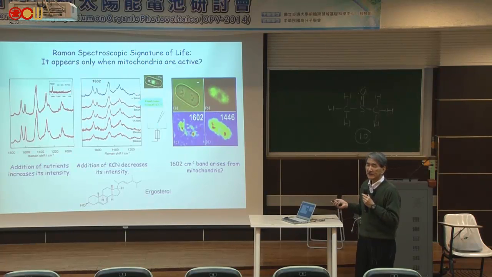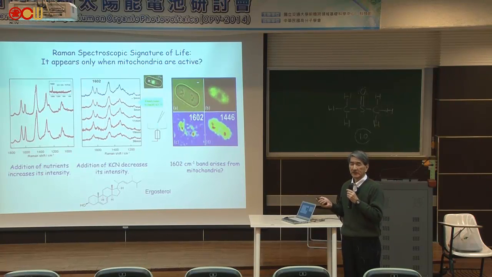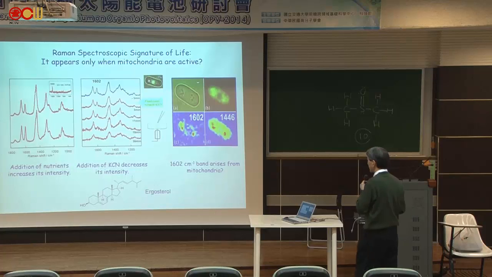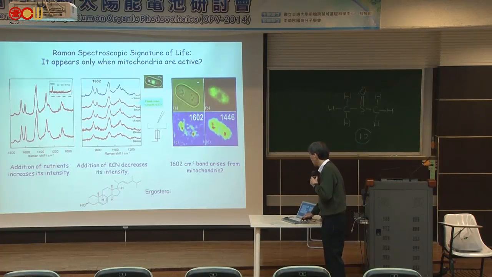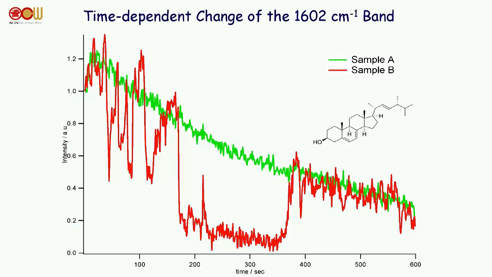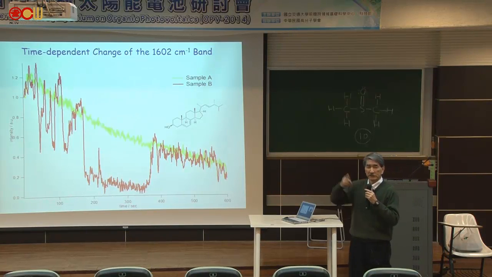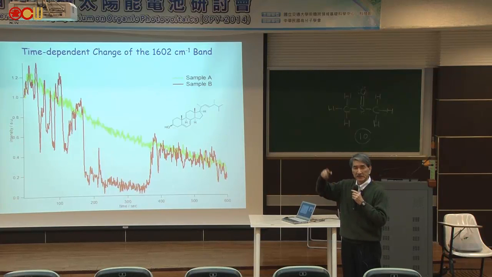This is again a working hypothesis. We have to prove that. But at least 1602 can reflect some part of the living activity of the cell. And then we also found this is a time-dependent change of 1602 wave number band, and it fluctuates like that. This is the 100 seconds, so every 1 second it fluctuates like that.